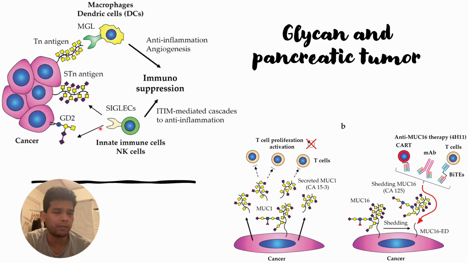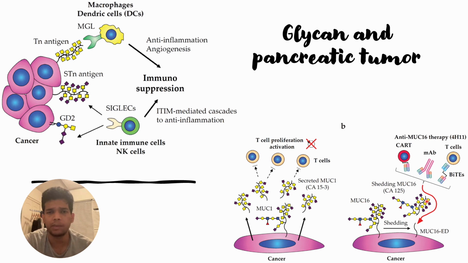One thing I forgot to mention is that Siglec not only helps in immune suppression, but also helps in the formation of the TME, that is, the tumor microenvironment. Let us come back to our main point: these therapies are used to shed the MUC16 structures. Here the MUC16 is bound to the cancer cells.